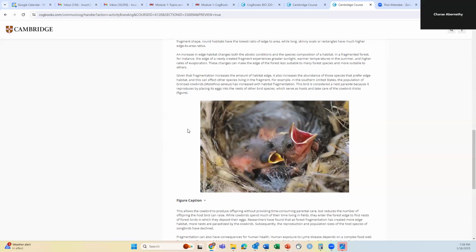They're parasitic. Yeah, they're a parasitic bird, right? So these cowbirds don't make nests.